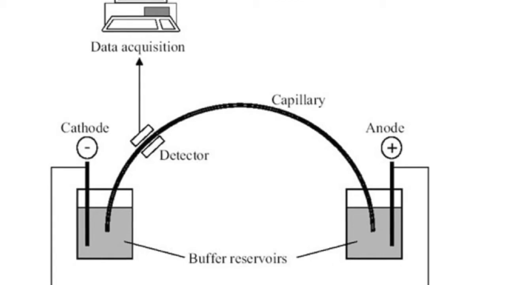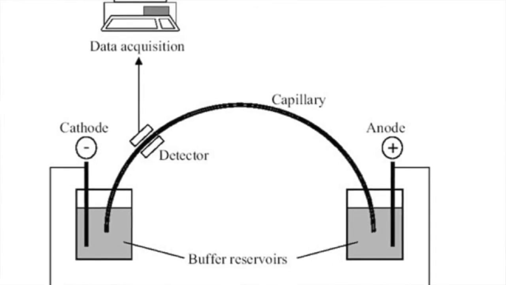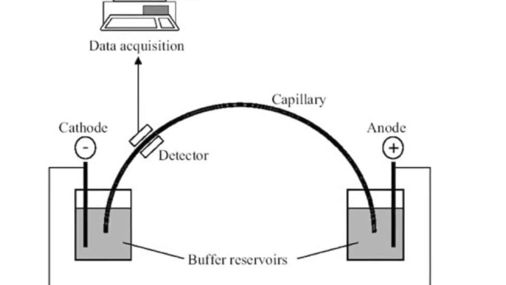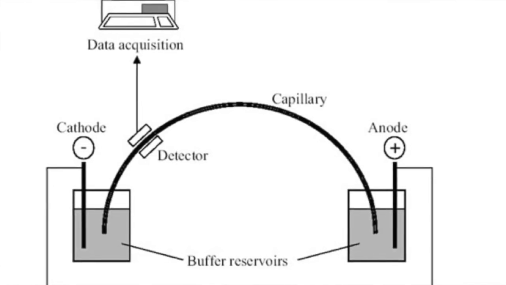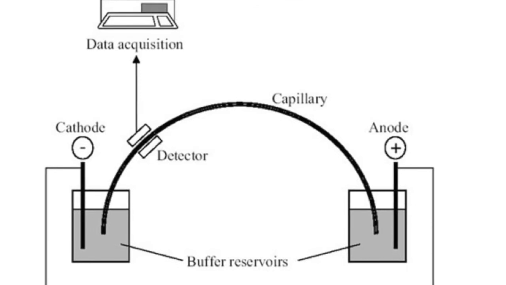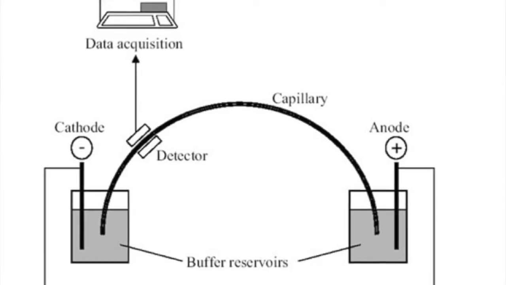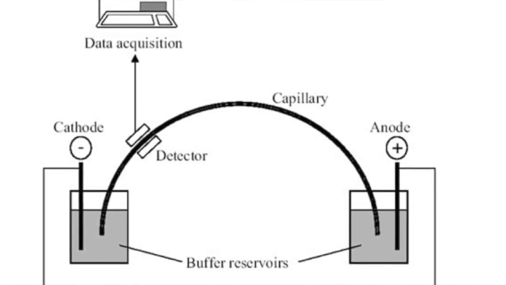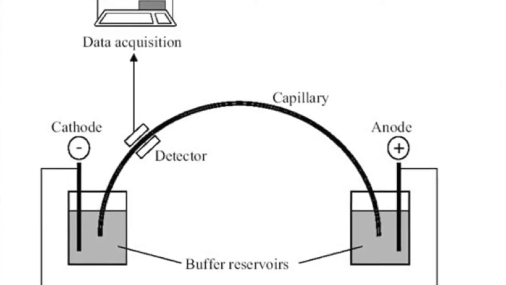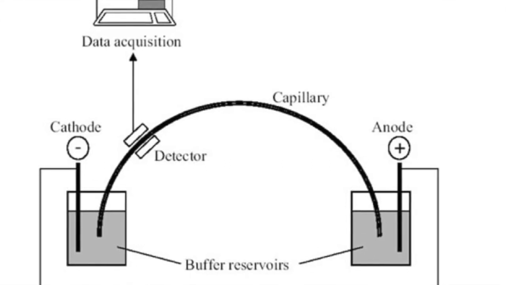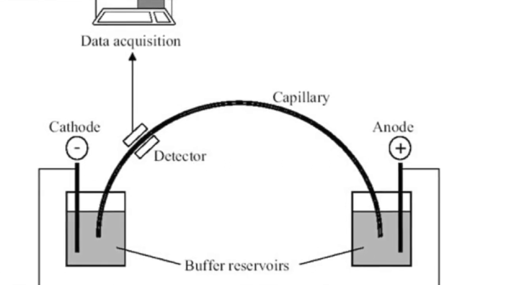The capillary has one end in the negatively charged buffer reservoir and the other end in the positively charged buffer reservoir. The sample is pressure injected or electrokinetically injected into the capillary. From there, the analyte will either pass into the negatively charged buffer reservoir or the positively charged reservoir.